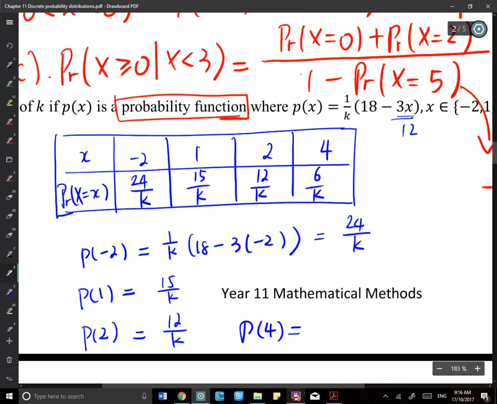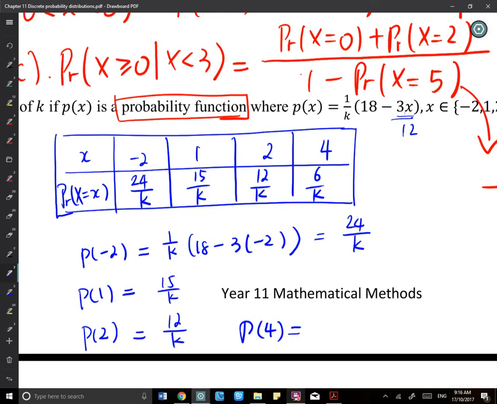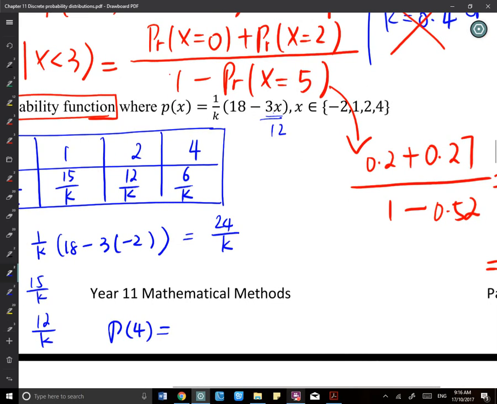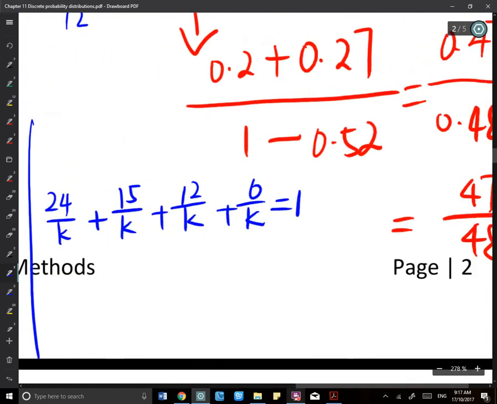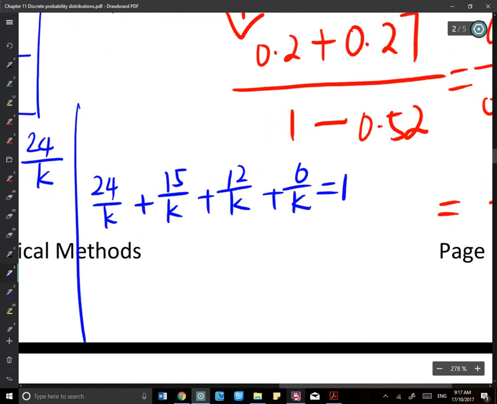Okay, those 4 values are the only values that x can take, and you have the probability for each of them. And then I want to find the k value. So that needs to satisfy, if I add them, that should give me 1.